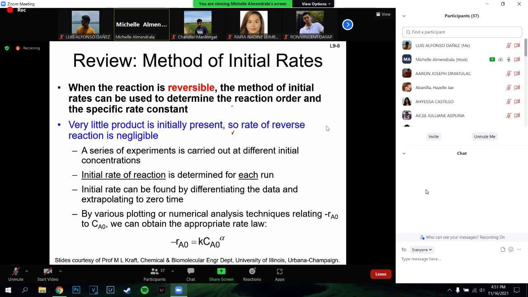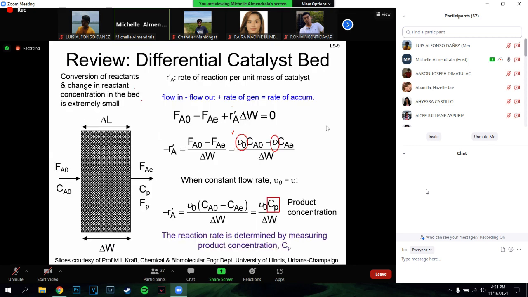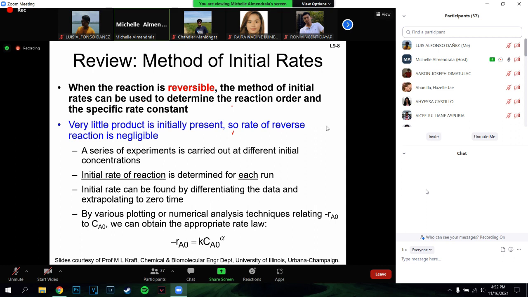The initial rates. This one is the initial rate of the reaction, the method of initial rates. When the reaction is reversible, the method of initial rates can be used to determine the reaction order and the specific rate constant.